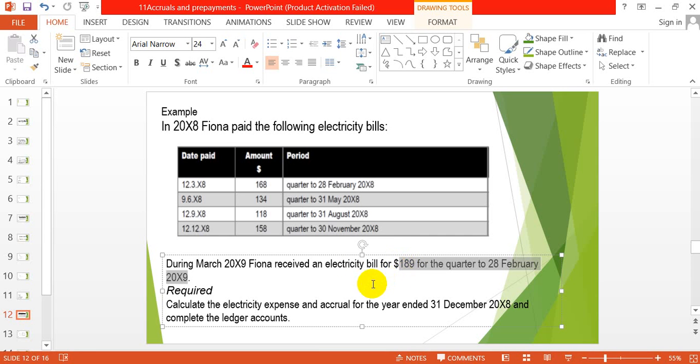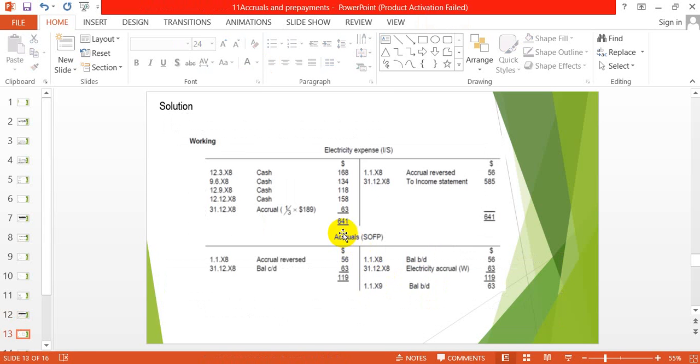So we'll get 1/3 of that 187 being the accrual for December x8 as the closing balance. Which we have here, 1/3 of 187, 63. That gives us the accrual for 20x8.